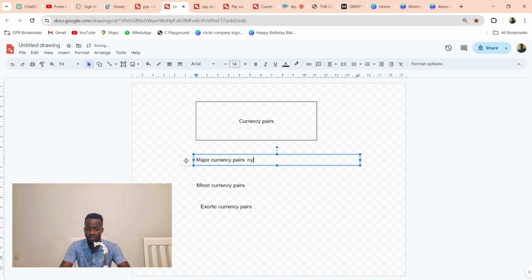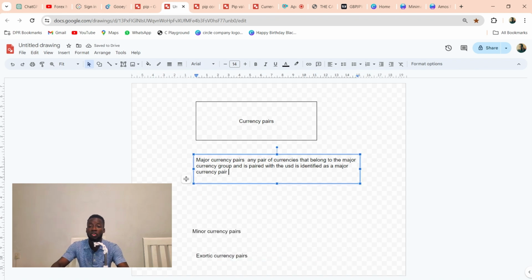Any pair of currency that belongs to the major currency group and is paired with the USD is identified as a major currency pair.